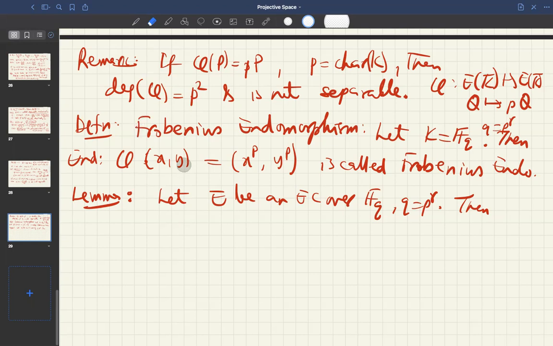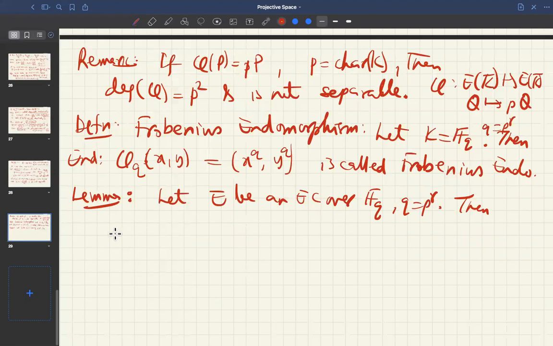Related to the last question: we wanted it to be an endomorphism, right? For k equal to F_p it's clear to me, but for F_q, how would it work? You can still do the same thing; it doesn't change.